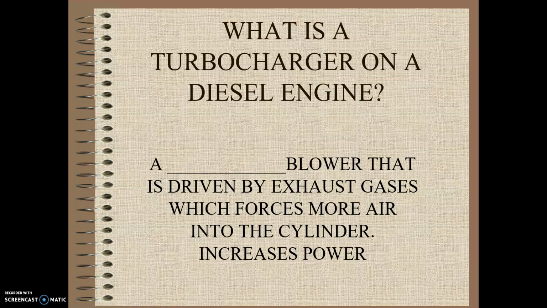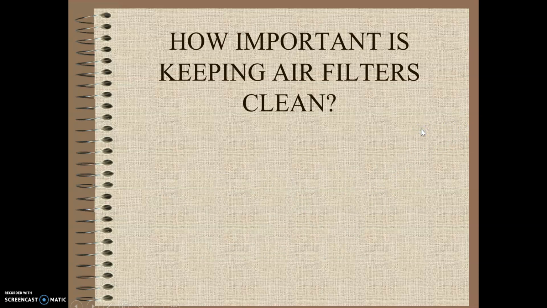So a turbocharger is a turbine blower that is driven by exhaust gases, which forces more air into the cylinder. Basically, the more air we can get in there, the more power we're going to be able to generate. So that's the purpose of a turbocharger.